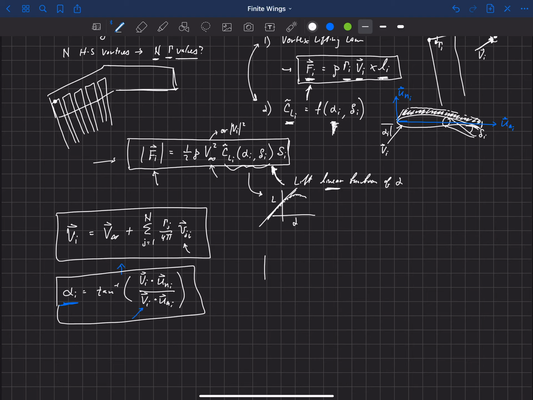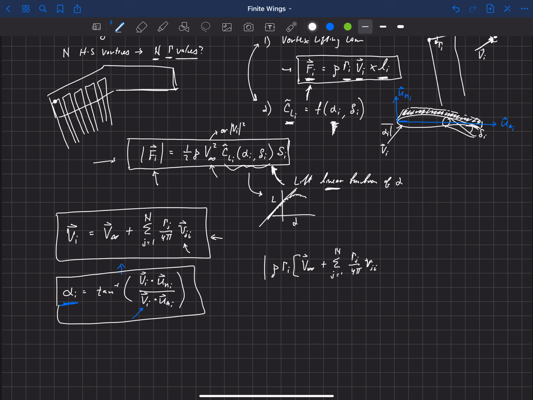So the magnitude of rho times gamma I times vi. Now instead of vi, I'm going to plug in this equation here, which is v infinity plus the summation from j equals 1 to n of gamma sub j over 4 pi v ji.